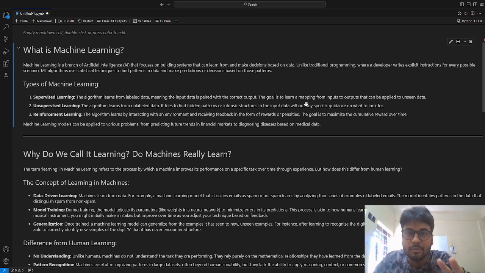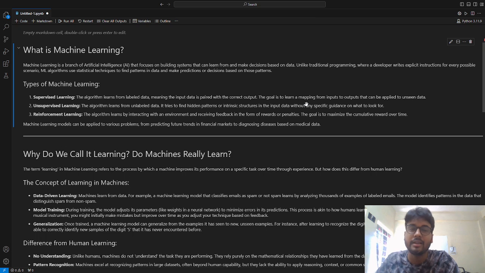If it is a supervised machine learning algorithm, the data which I have to feed is always labeled data. What do we mean by labeled data? Data where we have the input and the output both given to the model. In the training phase, when my model is learning things, I'm showing it the picture, and I'm also telling it if it is affected or not, and by what disease.